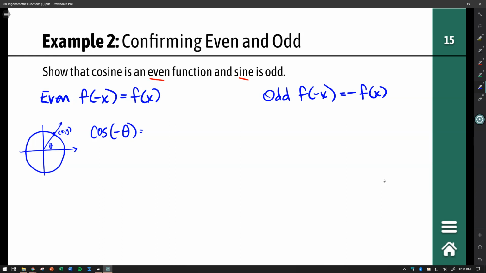Negative theta would be the same angle, but around the circle in the opposite direction. So what are the coordinates of the point where that terminal ray intersects the circle? Well, if this point was x, y, this point shares the same x value and has a negative y value. This is x, y, this would be x, negative y.